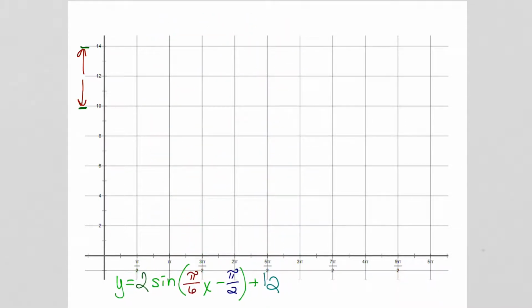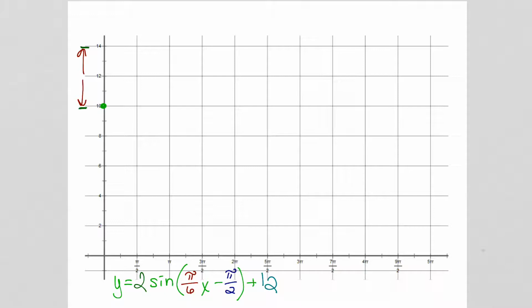It didn't ask us to graph this, but let's look at it anyway. So we're starting with 10 hours.